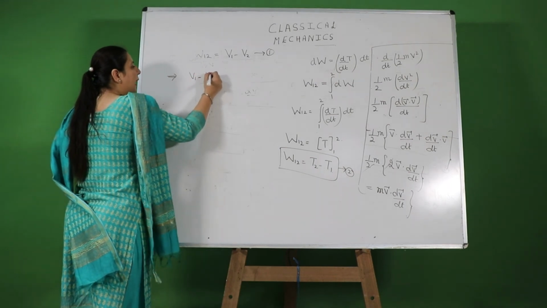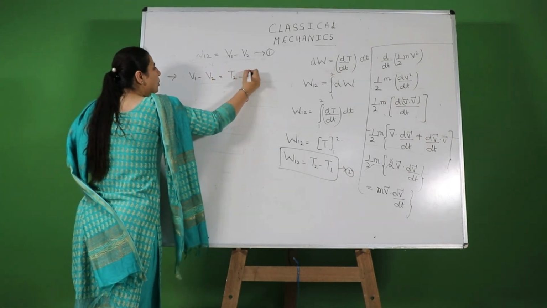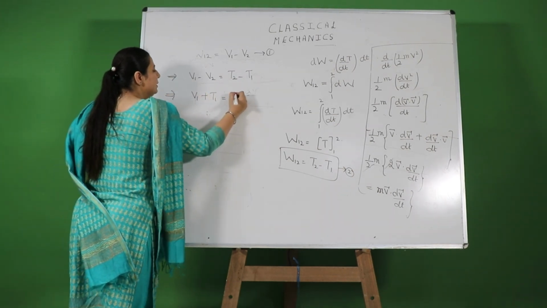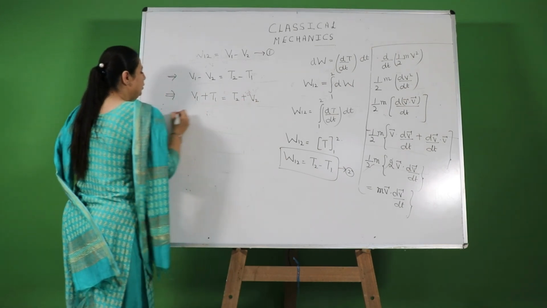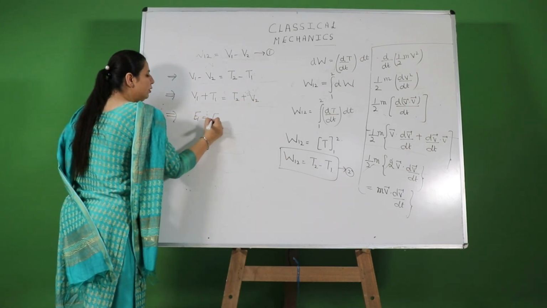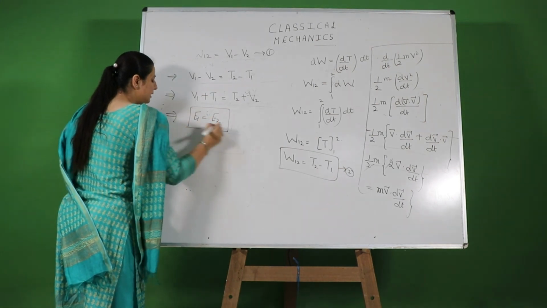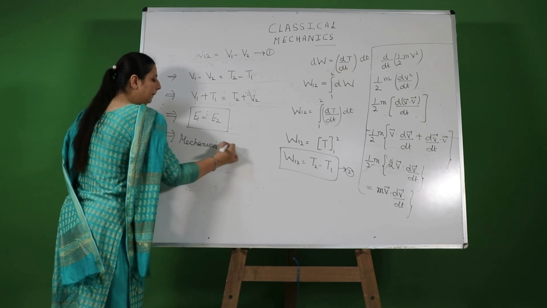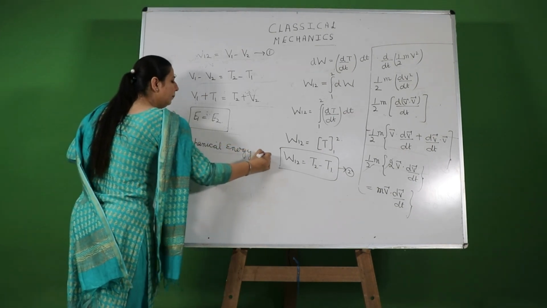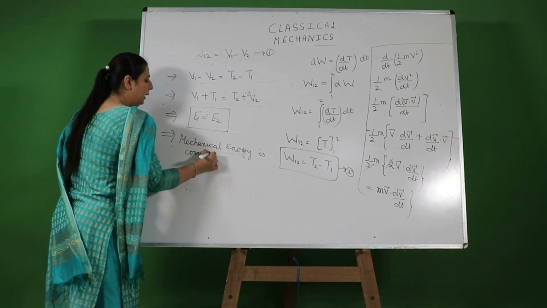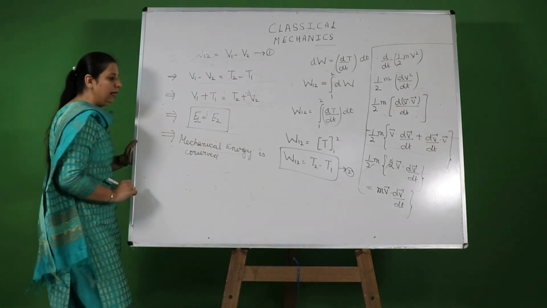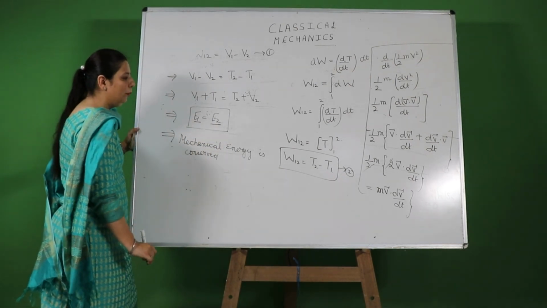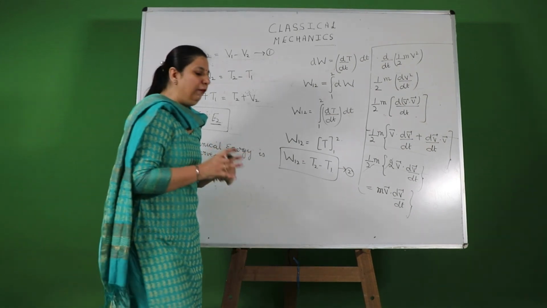So V1 minus V2 should be T2 minus T1, or V1 plus T1 equals T2 plus V2, or E1 is equal to E2. This means mechanical energy remains conserved, as total energy at point 1 or initial point is the same as the total energy at point 2, that is final point.